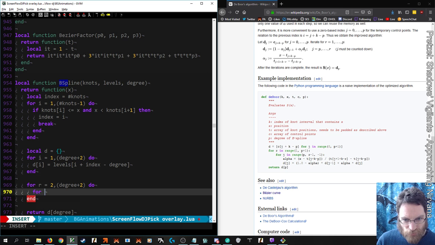And then this is just an arbitrary iterator. And this is... So does this have to be degree plus 1 now? Degree plus 2 to... One to p plus 1.